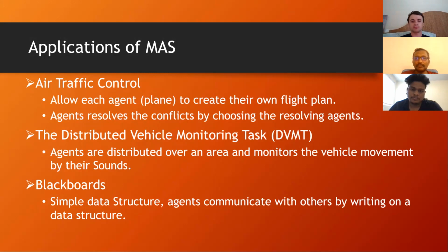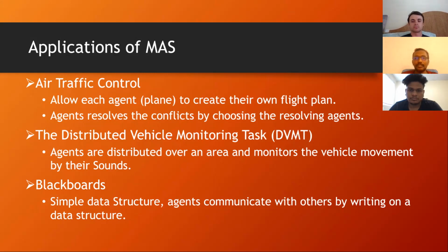To do that, agents resolve the conflicts by themselves. That means the agents which plan the flight plan don't need to coordinate with other agents to change the plans accordingly.